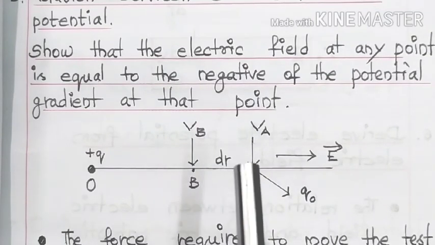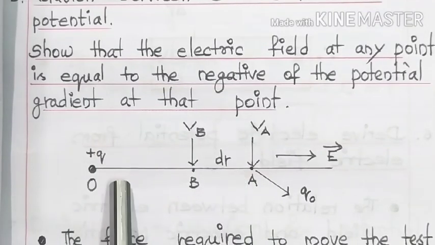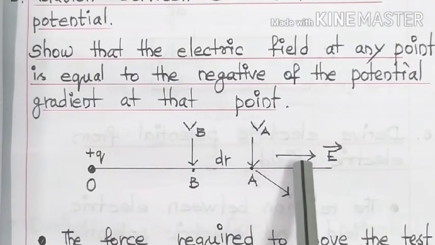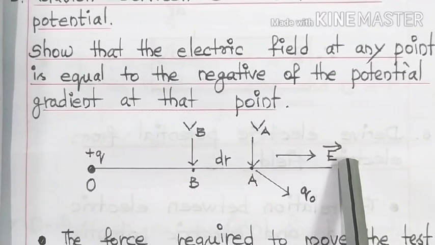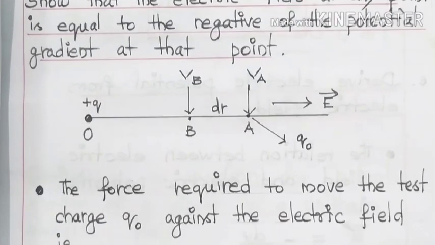We are going to move this test charge in the direction opposite to the direction of the electric field. Keeping all these facts in mind, let us derive the equation.